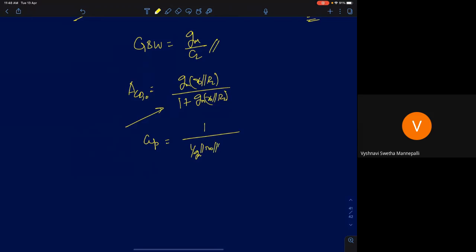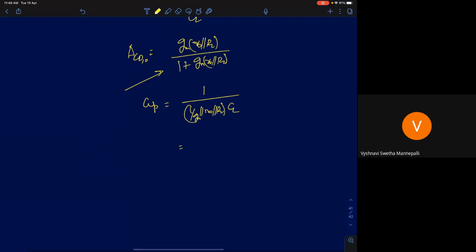Now it will be in parallel with RL times CL. Okay. So again, I can write it as 1 by CL into RO parallel RL multiplied by 1 plus GM into RO parallel RL. It can be written in this format.